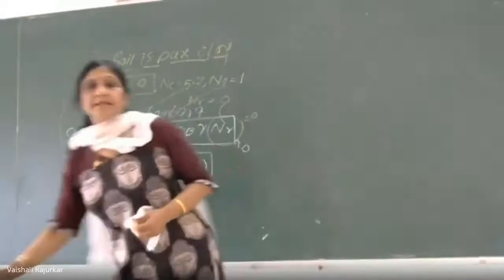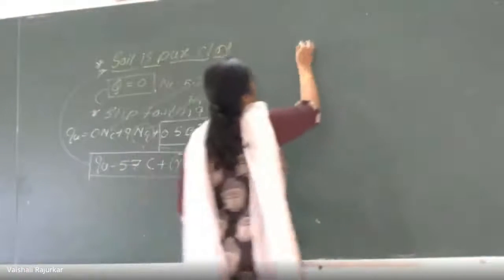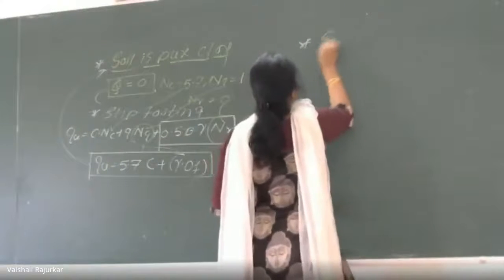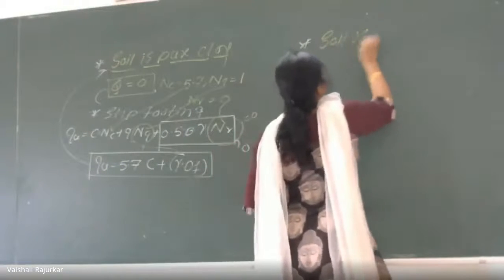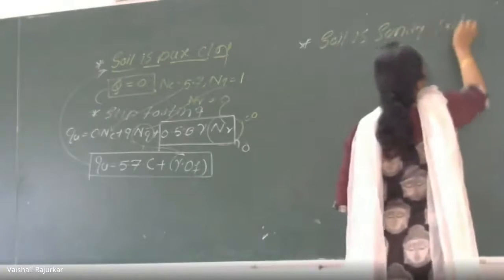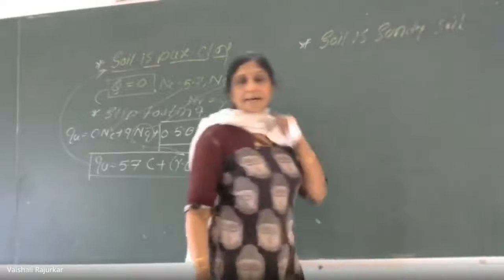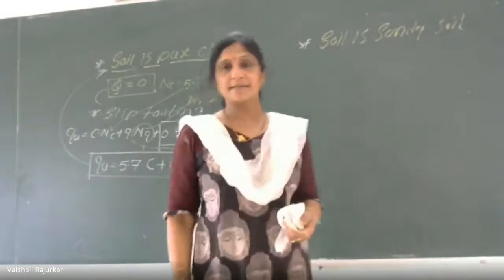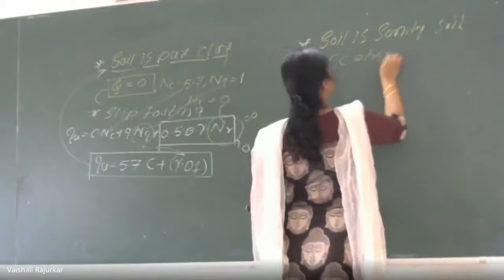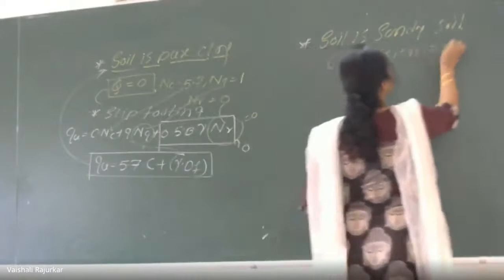Then the another case when the soil is pure sand. Soil is sandy soil. If the soil is a pure sand, then which value is taken as 0? In such cases, the value of C, that is cohesion, is equal to 0.